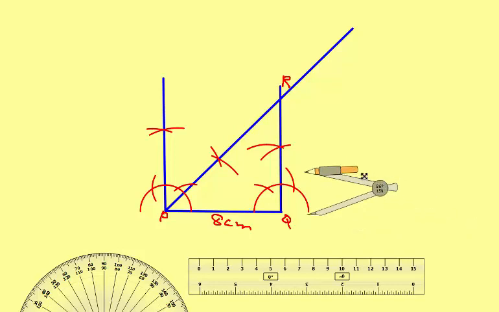Then for you to bisect a line, this is what you have to do. Please take note of this. Stand on one of the points on the line which you want to bisect, and then open the radius of the circle more than half of the line. Open it more than half of the line. Right. Good. So we can now bisect.